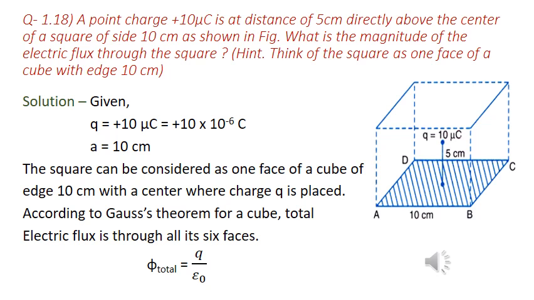Now we know that the charge q is situated at the center of the cube, as the side is 10 cm and the charge is situated at 5 cm from the surface and it is perpendicular, so the charge is at the center of the cube. So the total flux through the cube can be written by using the Gauss law, phi is equal to q by epsilon naught.